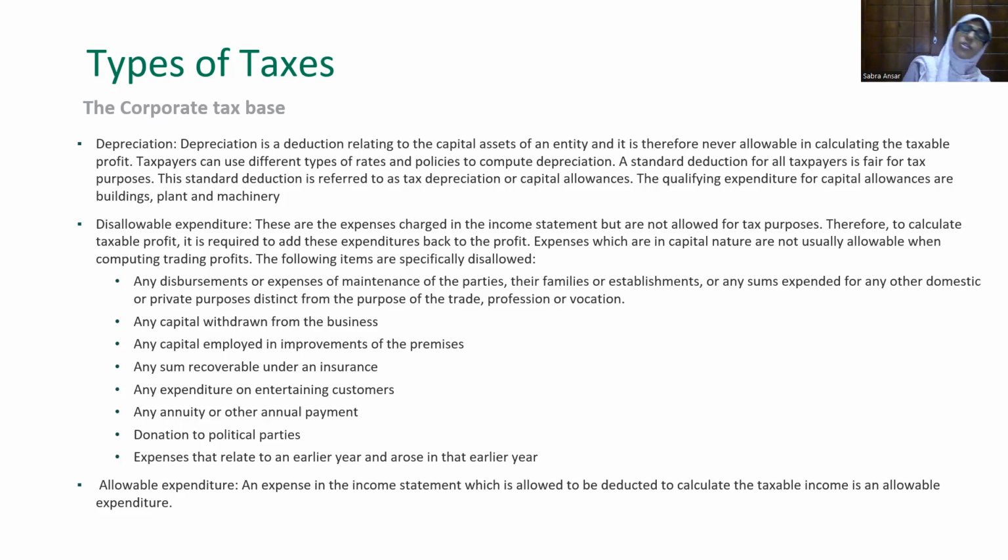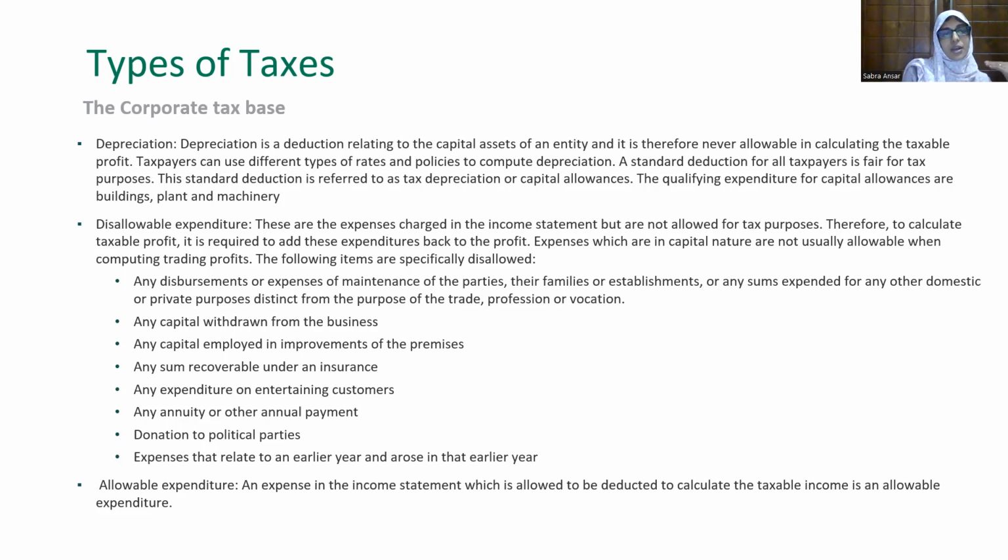Capital employed in improvement of premises will also be considered a disallowable expenditure. Added to that, any sum which is recoverable under an insurance will also be considered disallowable expenditure.